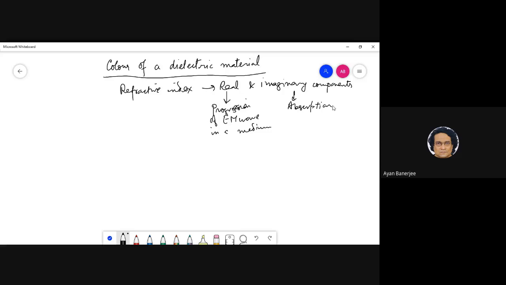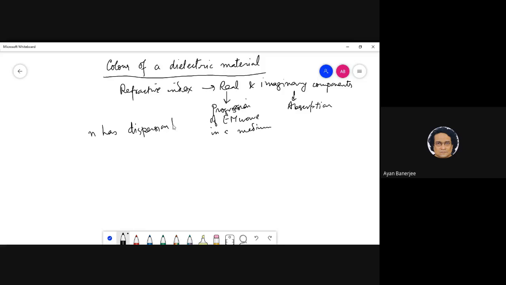So let me now pose a question. We have seen that at resonance, n has dispersion, right? This is what we really learned.